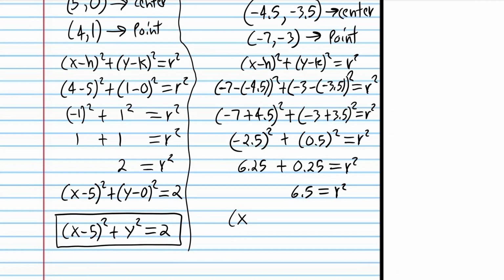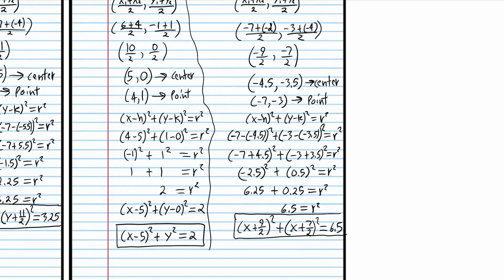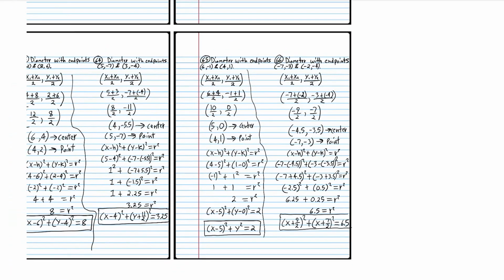I'm going to use the fractions. Remember, you have to change the signs. And x plus 7/2 squared equals 6.5, and that is the equation that we're looking for. So if you got that answer, good job. That was kind of a doozy.